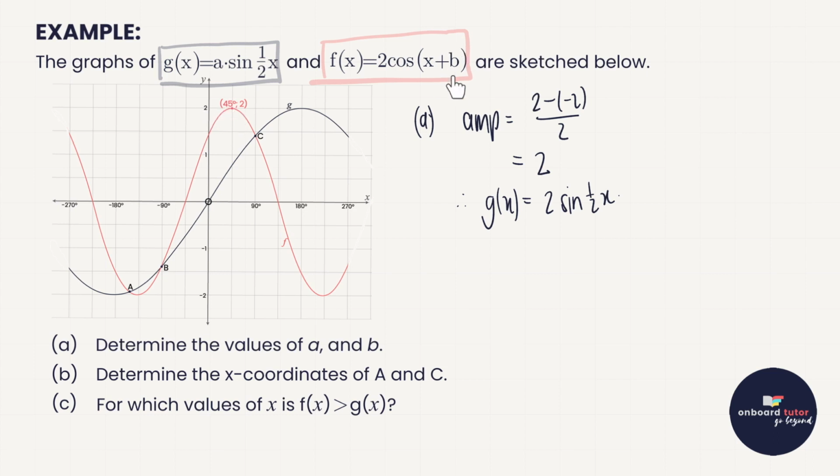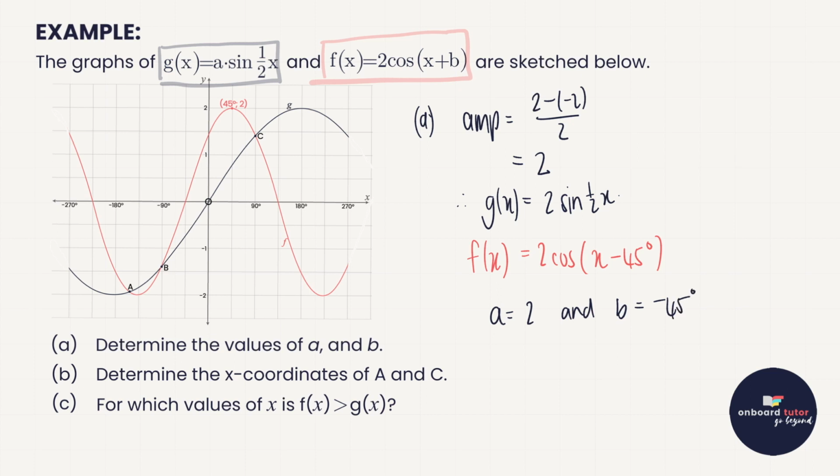So that b value is going to have to be minus 45. So we can say f of x is equal to 2 cos of x minus 45 degrees. Okay, and then just to be sure that we've answered the question, a is equal to 2 and b is equal to minus 45.